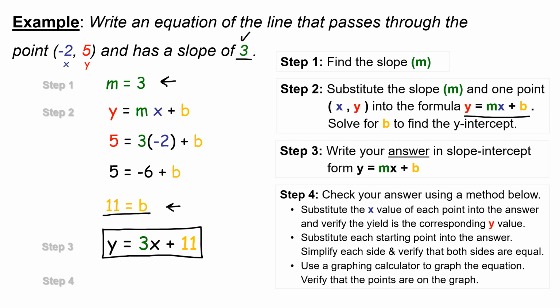All right, I'm going to substitute, and I have 3 times -2 plus 11, so I get -6 plus 11, 5 equals 5. Checks off. So that verifies that it hits that point, and we have a slope of 3, so our answer, which is right here, is good.